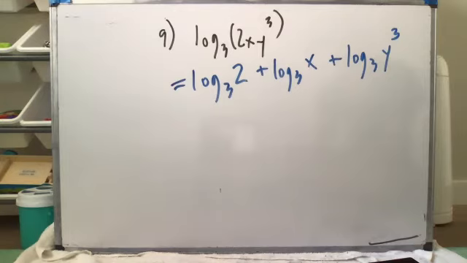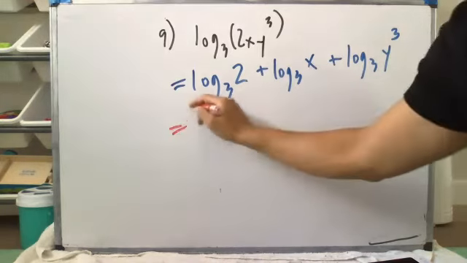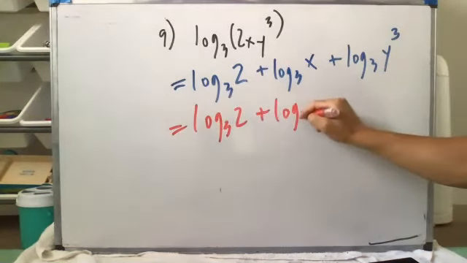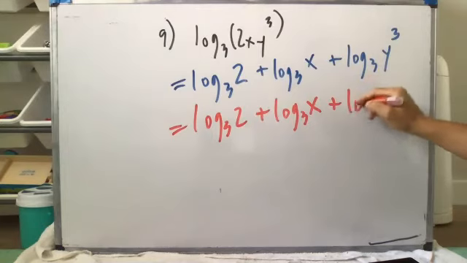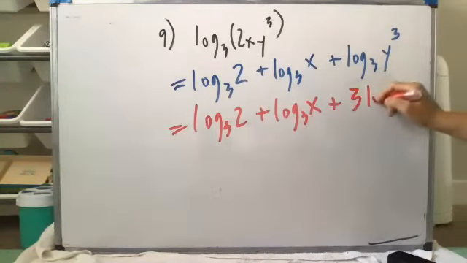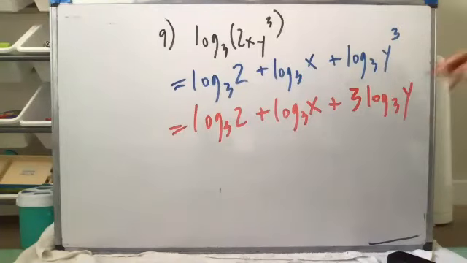And then what we want to do is just bring 3 outside, and then we'll be done. So that's equal to log base 3 of 2 plus log base 3 of x plus 3, this 3 becomes a multiplier, log base 3 of y. That's it. It's done.